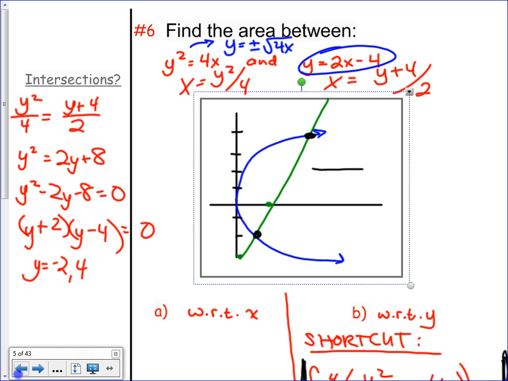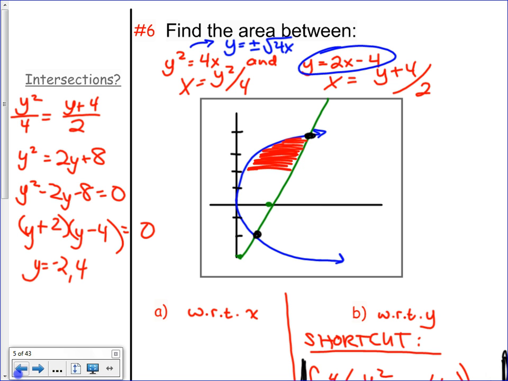If I was to do it in terms of x, we see it, right? But how could we express it in terms of x with top and bottom? First of all, I need my x's. If y is -2, plug in -2... no, that's not right.